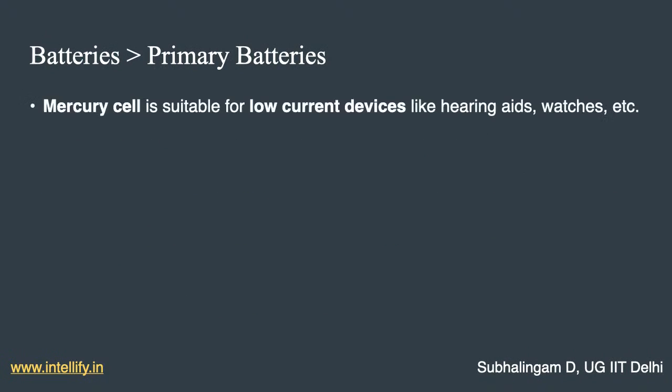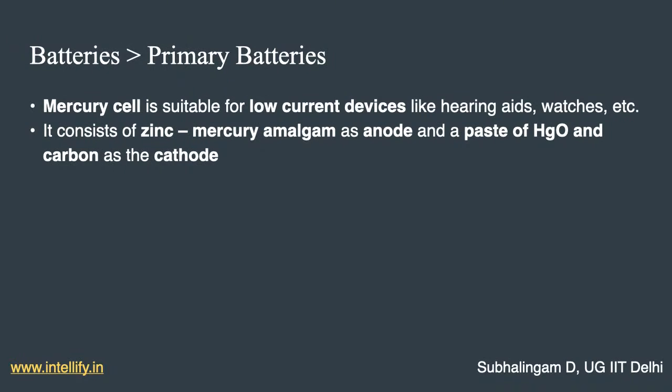So that was the dry cell. Now there's another type of cell, which comes under primary battery, and this is also widely used. Where do we use it? We use it for low current devices like hearing aids, watches, etc. And you might have seen it in your watch most probably. It's a small circular thing. It consists of zinc mercury amalgam as anode and a paste of HgO and carbon as cathode.